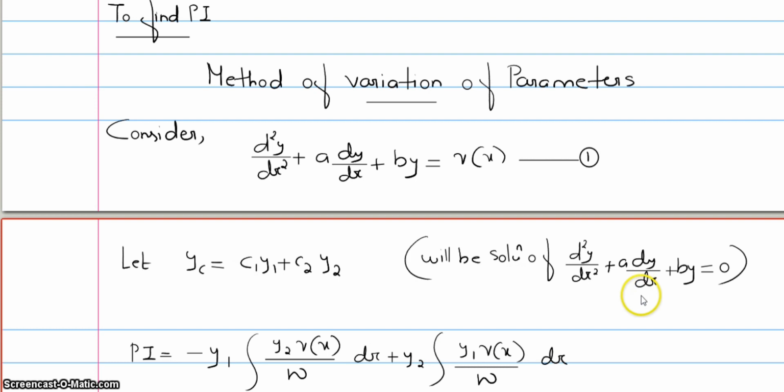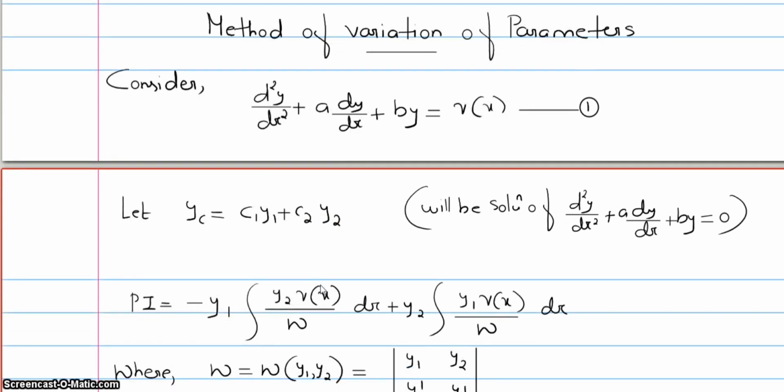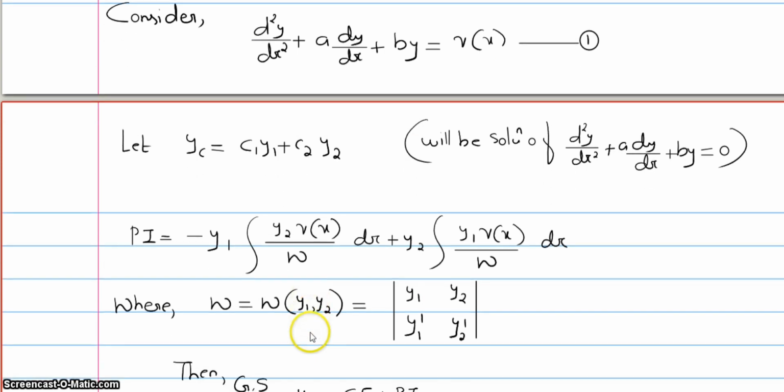So I am considering the homogeneous part of this given non-homogeneous equation and finding its solution as yc equal to c1 y1 plus c2 y2. Next we need to find the particular integral. The particular integral can be found by using this integral equation. Replace the terms y1 and y2 from the complementary function, and r of x will be the right side of the non-homogeneous equation, and W will be the Wronskian value of the two solutions derived from the complementary function.